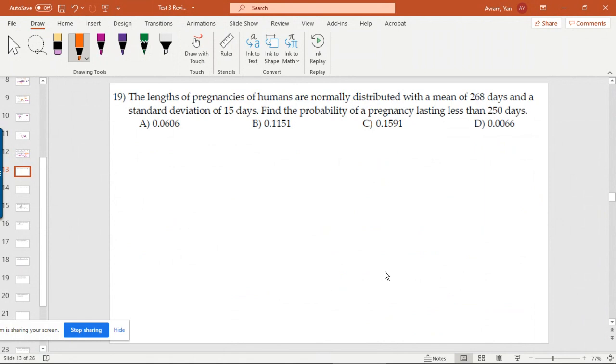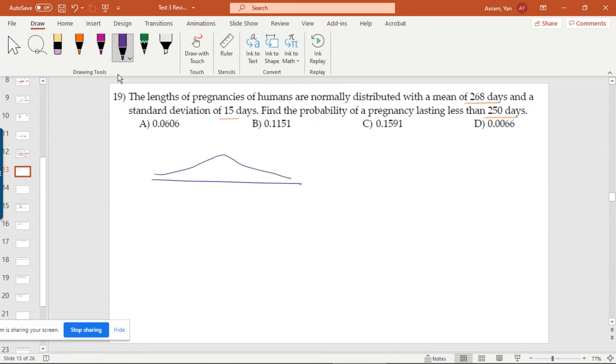Next one right here. The length of pregnancy of humans is normally distributed with a mean of 268 days and a standard deviation of 15 days. Find the probability that a pregnancy lasts less than 250 days. This statistic is very useful, and it's based on real data from a certain hospital.